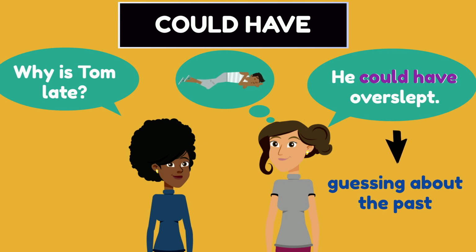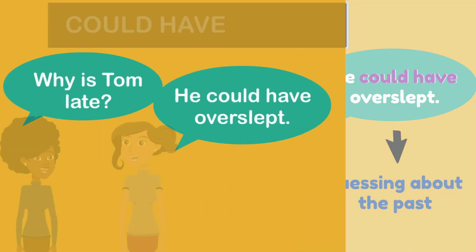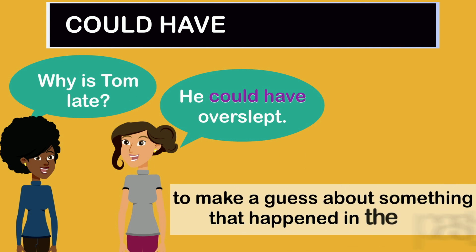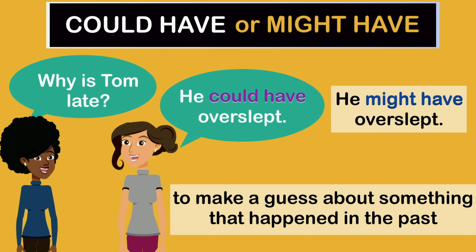I don't know if what I'm saying is true or not true. I'm just talking about my opinion of what maybe happened. So, we use could have to make a guess about something that happened in the past. And you can also use might have to mean the same thing.